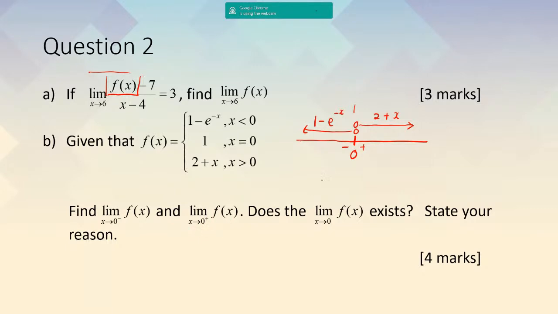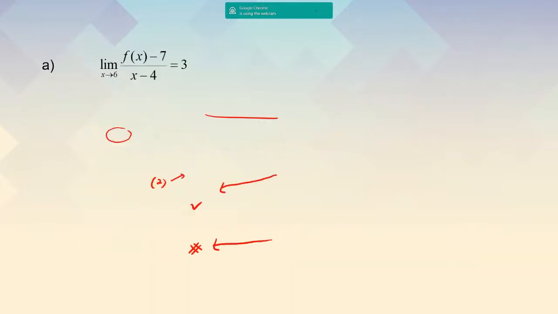From this number line, we know that for the limit of f(x) as x approaches 0 from the left, the function is 1 minus e to the negative x. And for the limit as x approaches 0 from the right, the function is 2 plus x. We look at the solution.